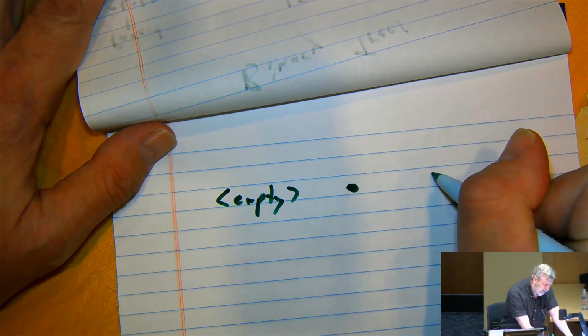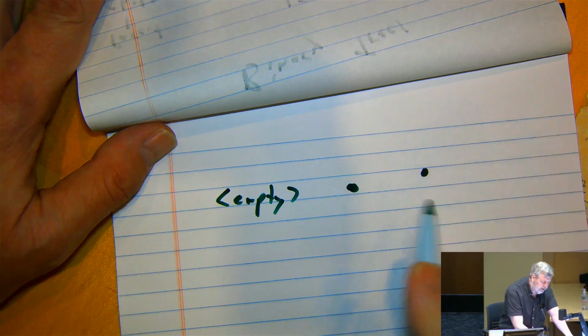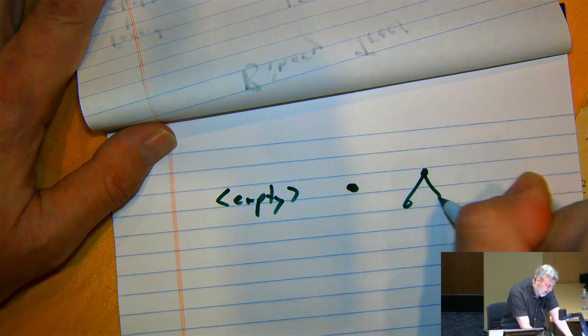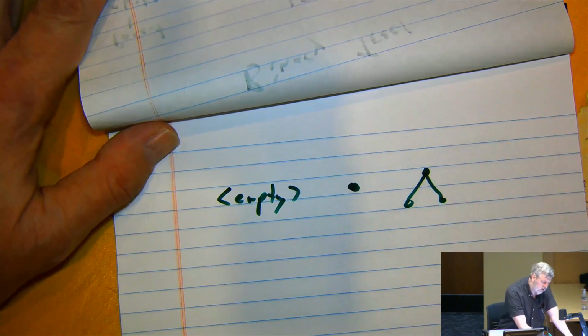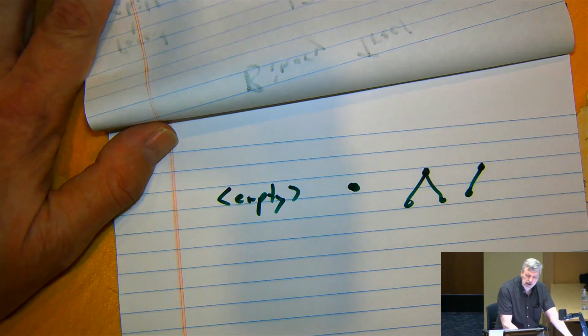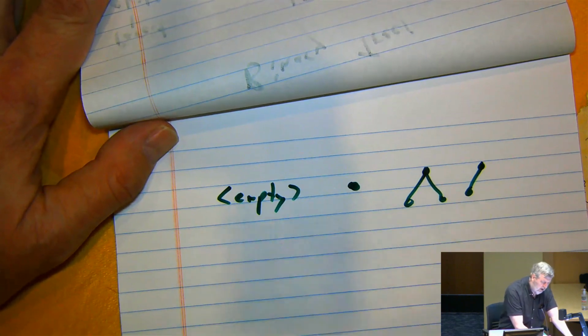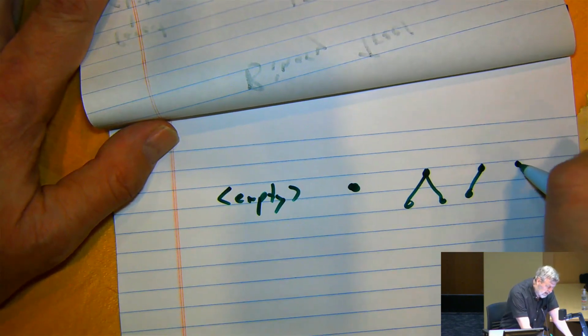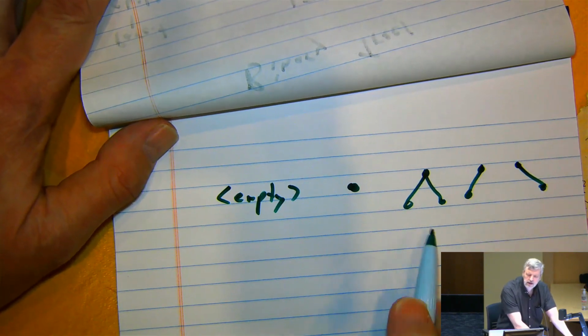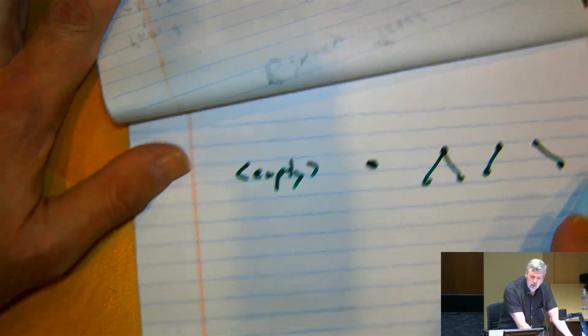And then, now that a leaf node is a possibility, I could have a node where the left and the right are each leaf nodes. So that's a new kind of tree. Or I could have the left tree be a leaf node and the right tree be empty. Or I could have the right-hand subtree be a leaf node while the left-hand subtree is empty. So these are all possible trees as well.